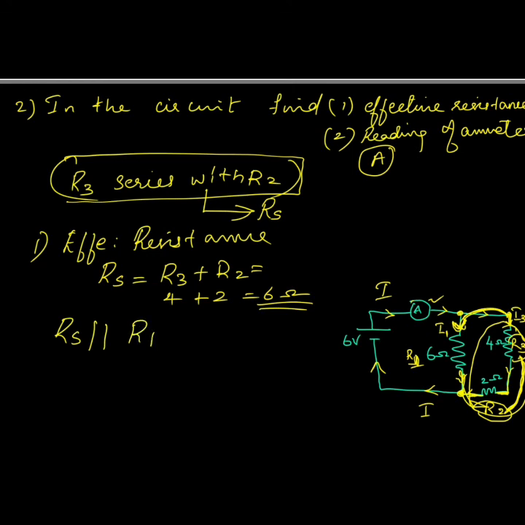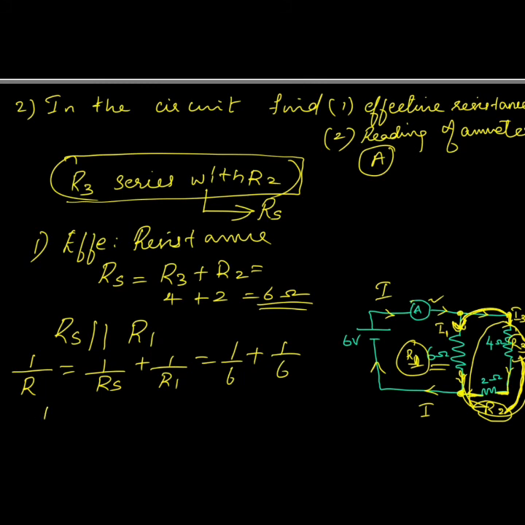R1. So R1 is parallel with the combination of R2 and R3. So you can write, let the effective resistance be R, 1 by R is equal to 1 by RS plus 1 by R1. So 1 by RS you got as 1 by 6, plus 1 by R1 is 6 itself, so 1 by 6.